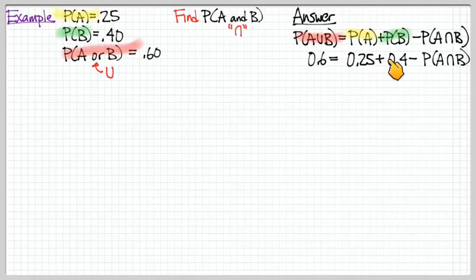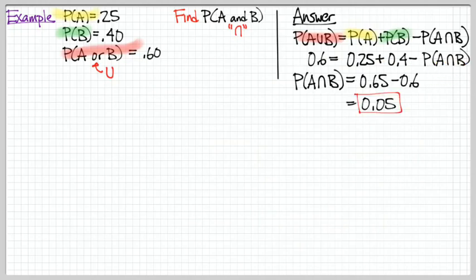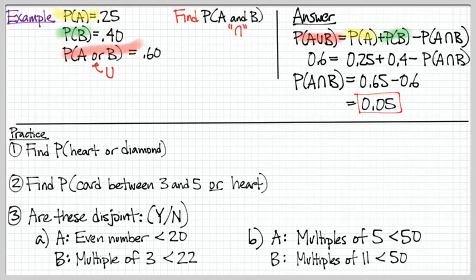So we plug all those in, and now we solve for this unknown probability algebraically, and we come up with 0.05. So in this case, there is something in the intersection. So we know therefore that A and B overlap in some ways because there is some sort of intersection between the two. Okay, you can practice on these problems. We're going to move on.